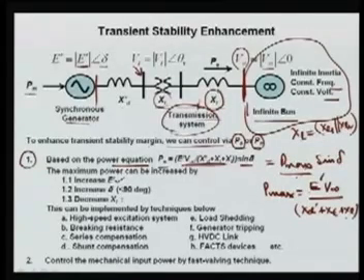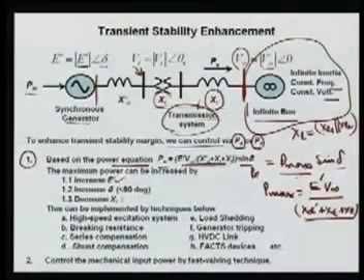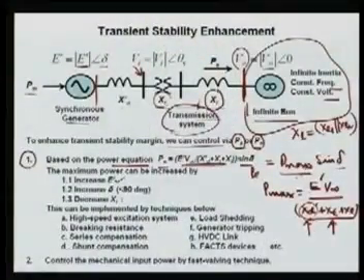So this can be increased by increasing this E prime. We can decrease the XL, or even if we can decrease any of the impedances, then P max will be increased. So these are for the P max. Or we can increase this delta, then we can increase the electrical power. That electrical power can be maximized by increasing, because XD once machine is constructed, machine is installed, we cannot change this. Transformer is used, we cannot do that.